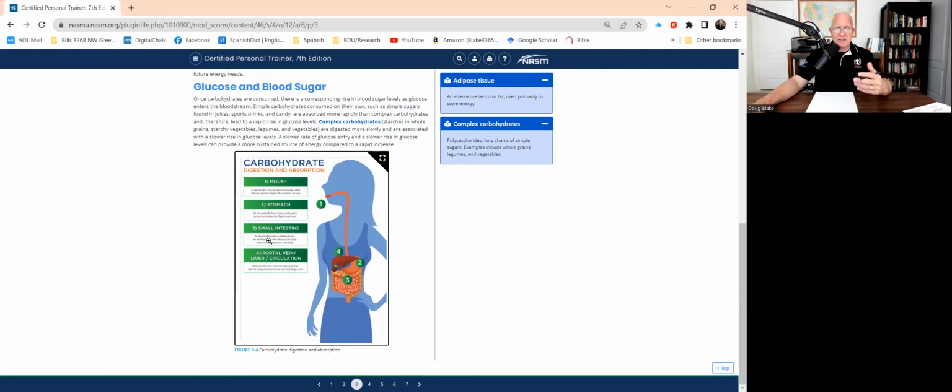And then ultimately in the small intestines, you're going to see the final breakdown of large starches into ultimately glucose or whatever other monosaccharides you have consumed.